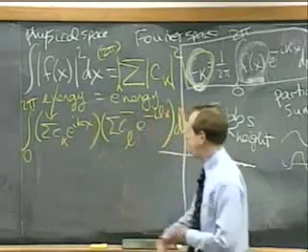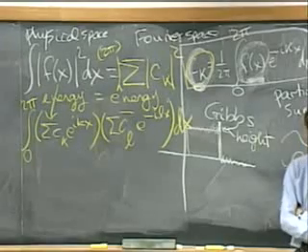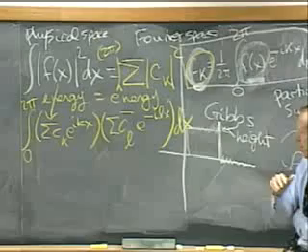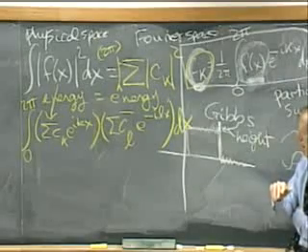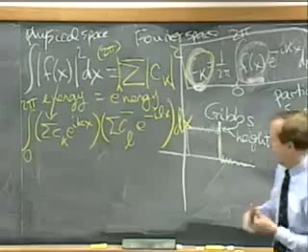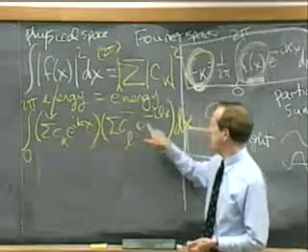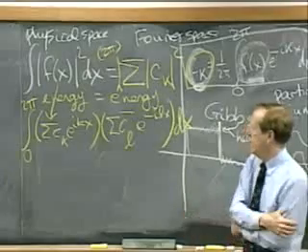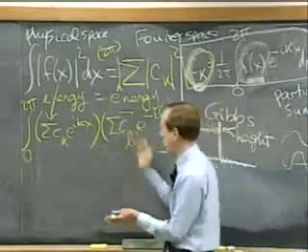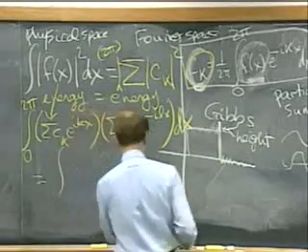And what's the answer? You get 0. That's the whole point. If k and L are different, our basis functions are orthogonal, which means their integral is 0. The integral of e to the ikx times e to the minus ILX is 0, except if k equals L. So the only terms we get are when k equals L, and all the other terms drop out.